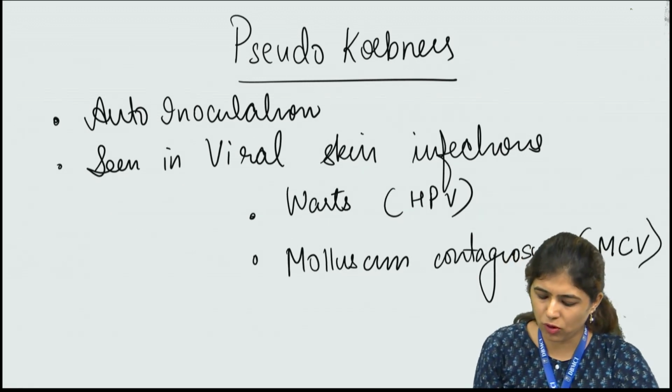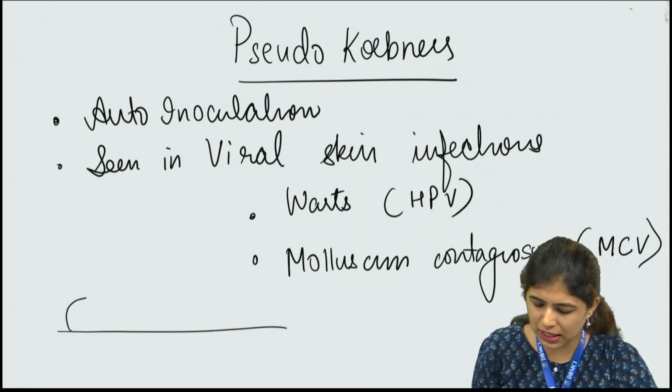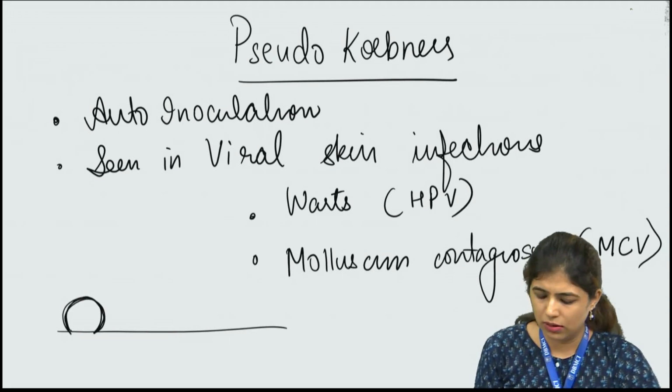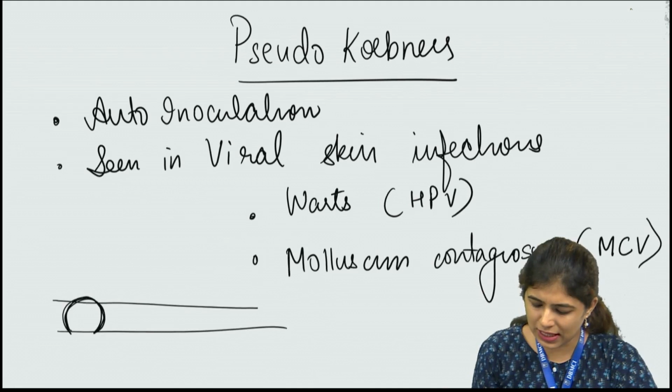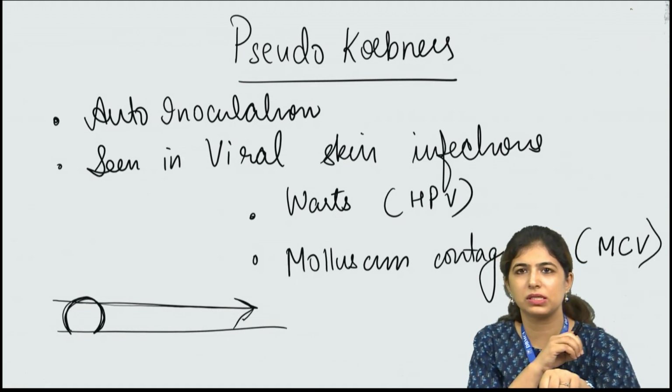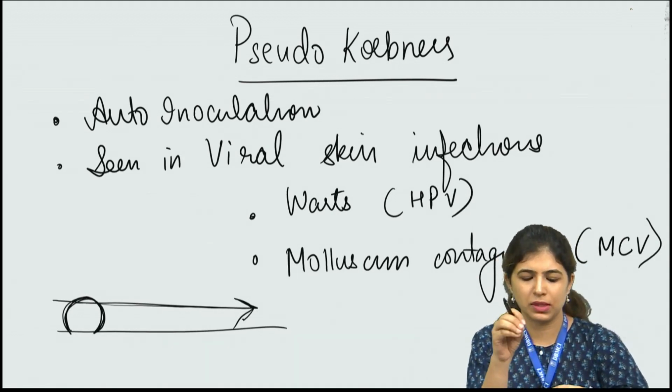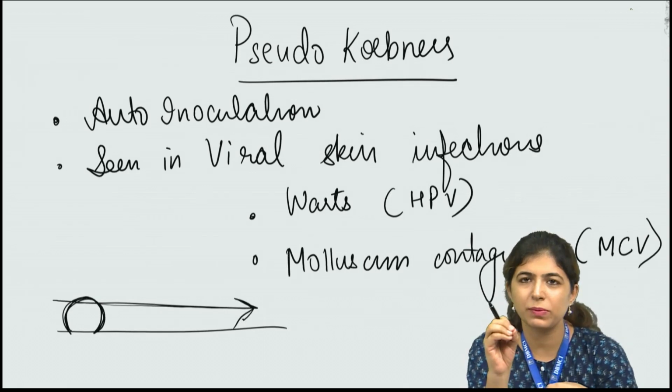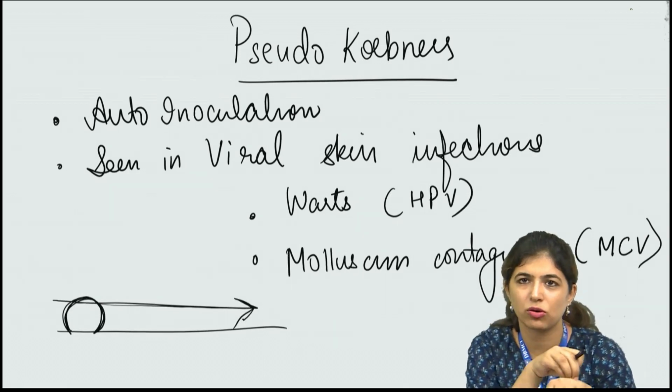What is the meaning of pseudo-Koebner's? I have this big lesion here, right? This is my big lesion on the skin. Now, what does the patient do? The patient scratches along it. If the patient scratches and in the process of scratching, he abrades the epidermis downstream, small viral particles from the primary lesion will go and inoculate on the skin.